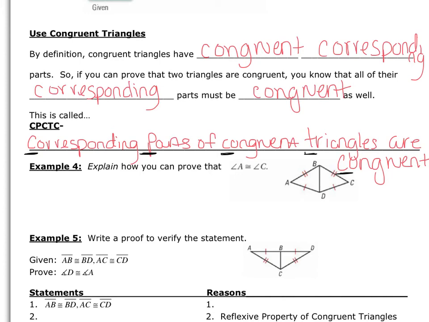So that's why you can use CPCTC and you don't have to write all of that out. So let me show you how that works.